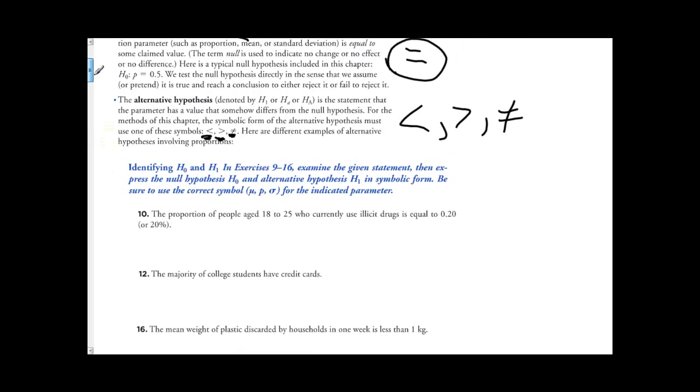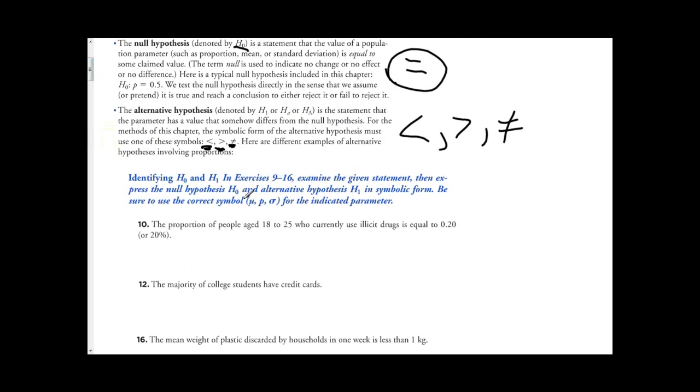Okay, so here we have identifying the null hypothesis and the alternative hypothesis. In exercises 9 through 16, examine the given statement, then express the null hypothesis H0 and the alternative hypothesis H1 in symbolic form.